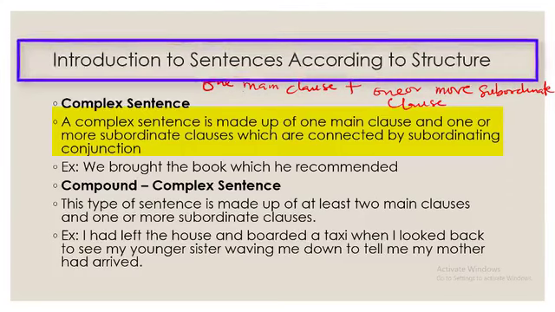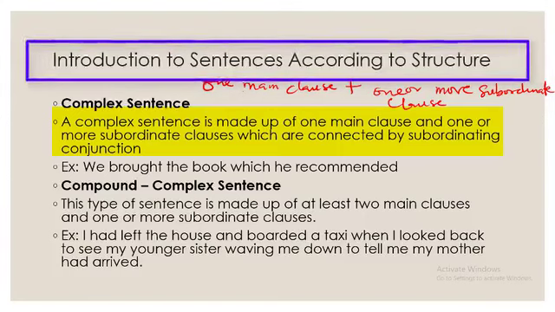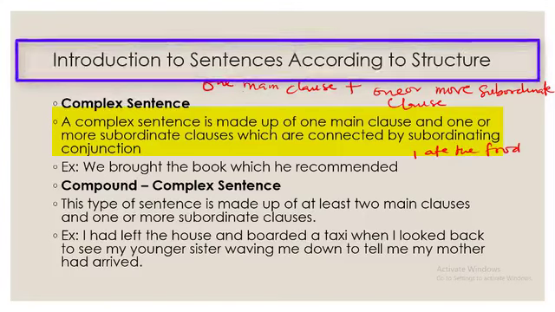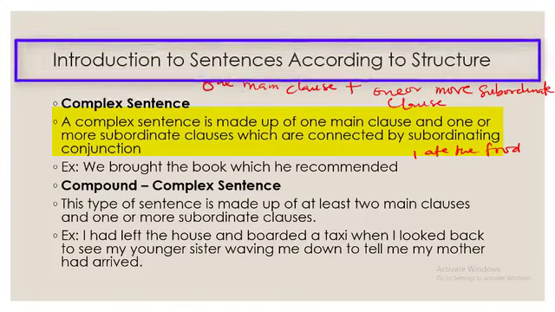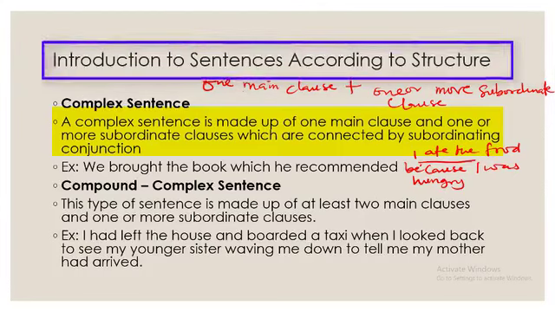I'll give an example of a complex sentence. I ate the food because I was hungry. Now, I ate the food is the main clause. Because I was hungry is a subordinating clause.